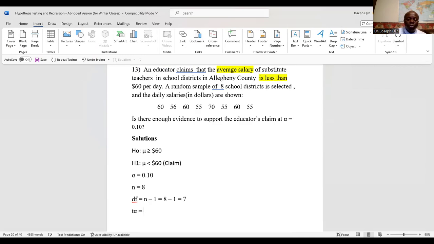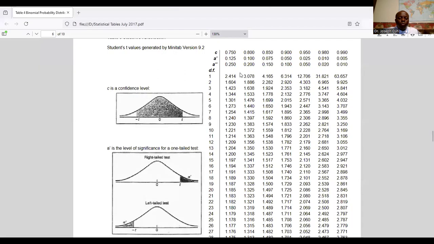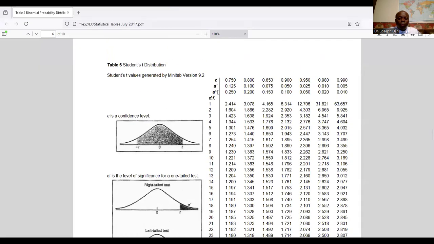You find the critical value on the table of the Student t distribution under 7 degrees of freedom and alpha 0.10, one tail.